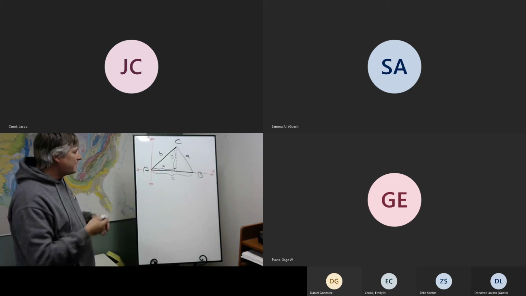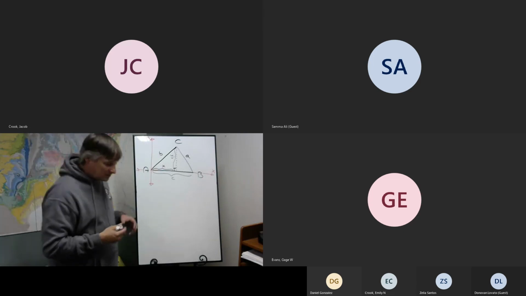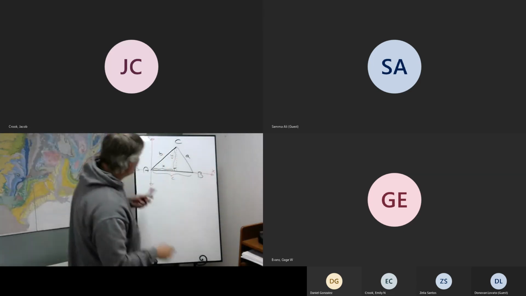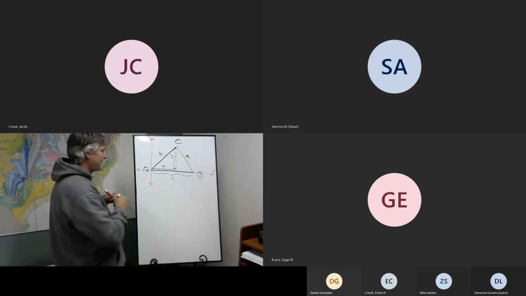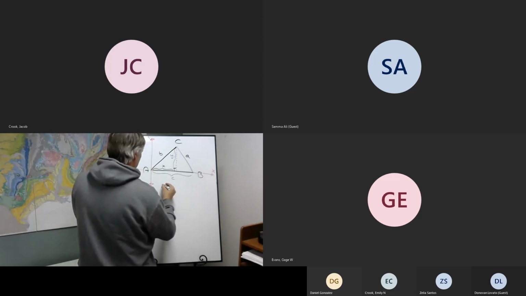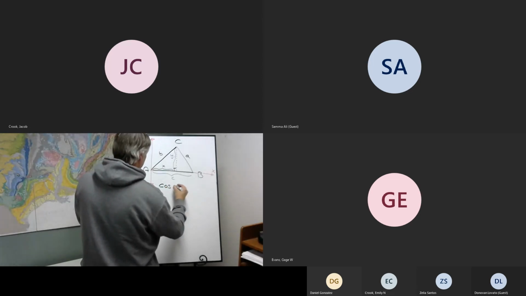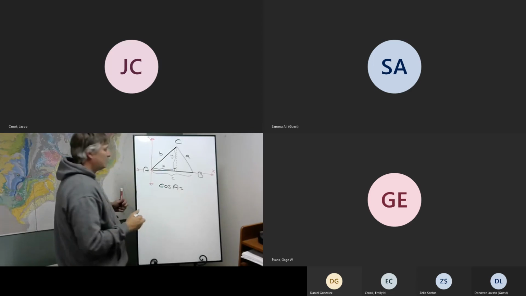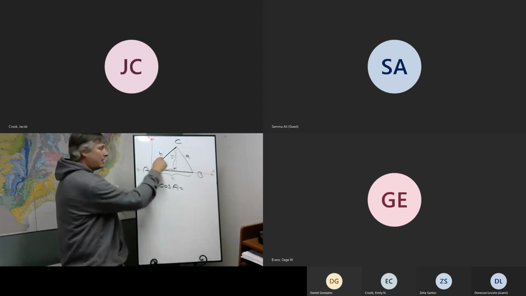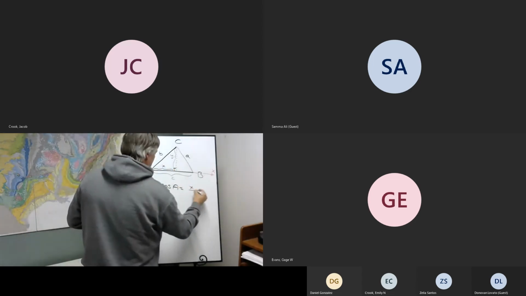Now, to derive this, I'm going to make this observation. The cosine of angle A and then the sine of angle A. So the cosine of A is going to be adjacent over hypotenuse, x over b.